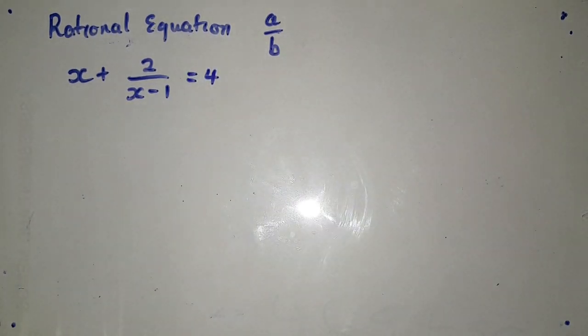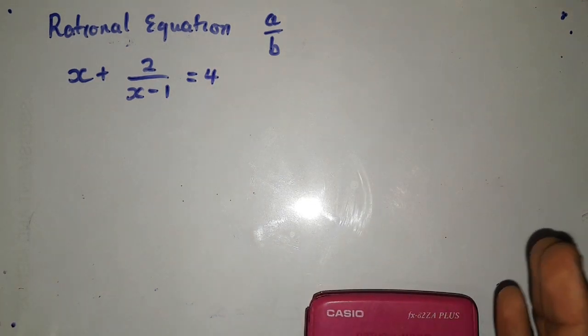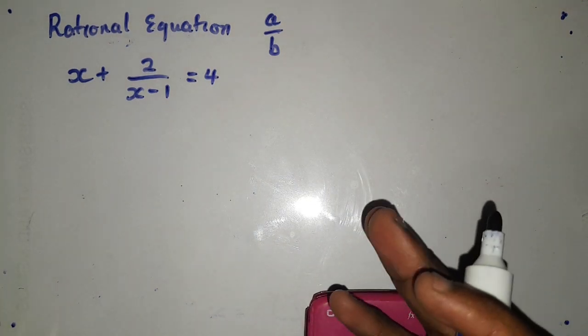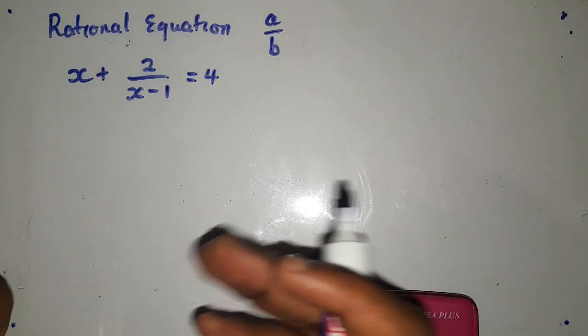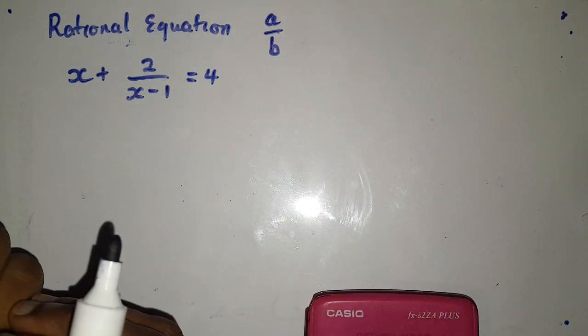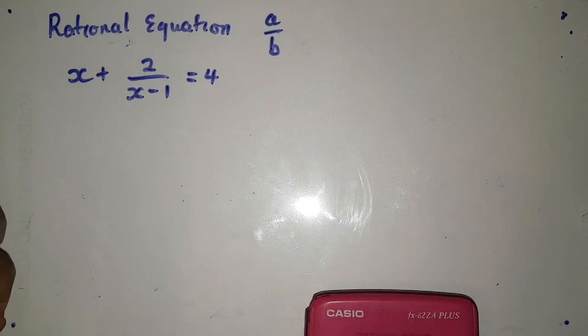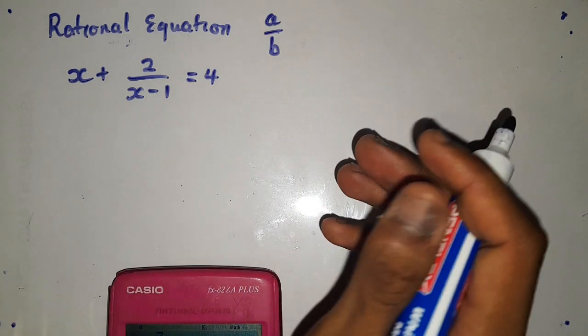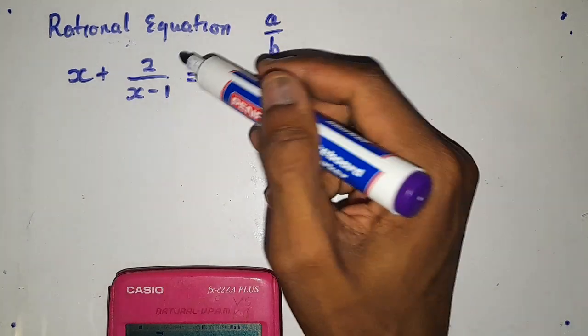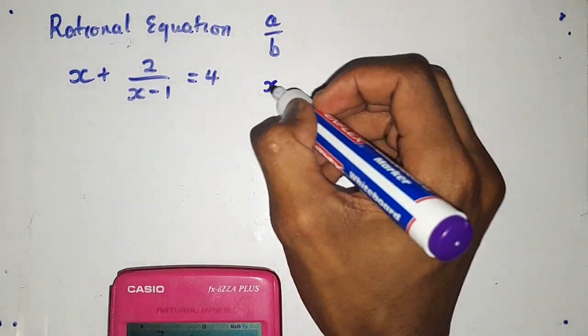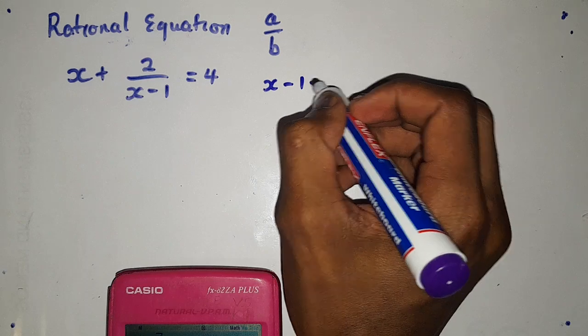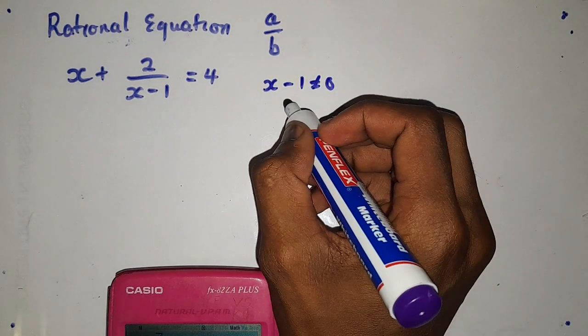Firstly, don't forget this. When you come across a rational equation, the first thing you must do is figure out the restriction. We say x minus 1 should not be equal to 0.